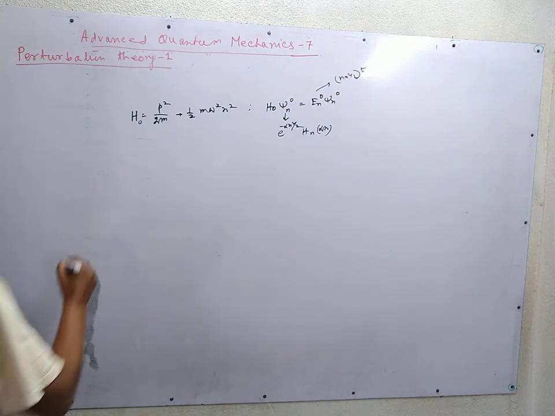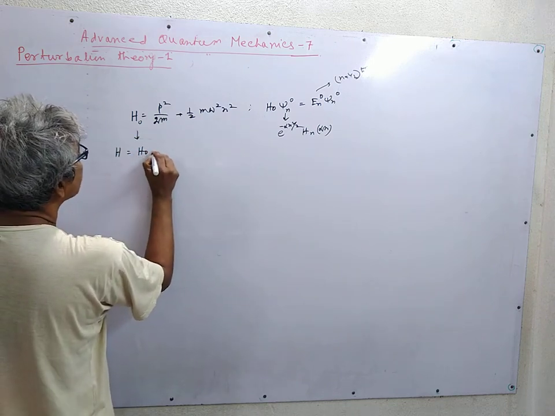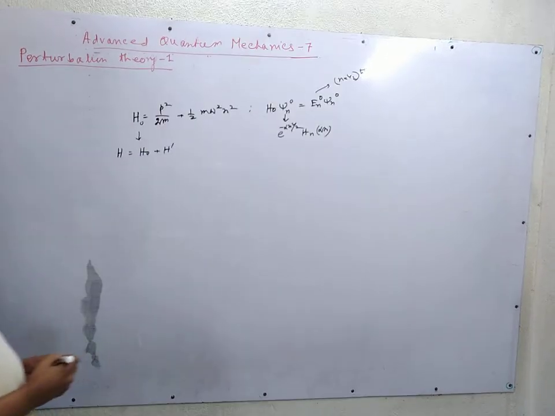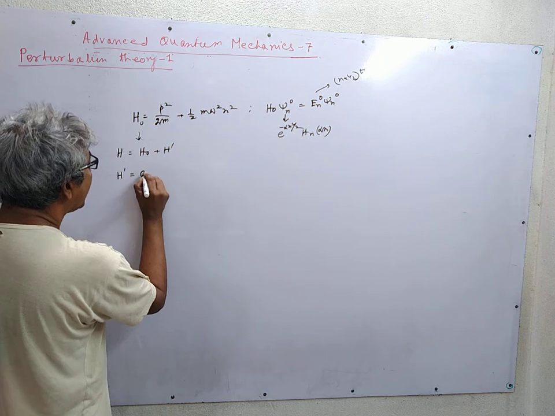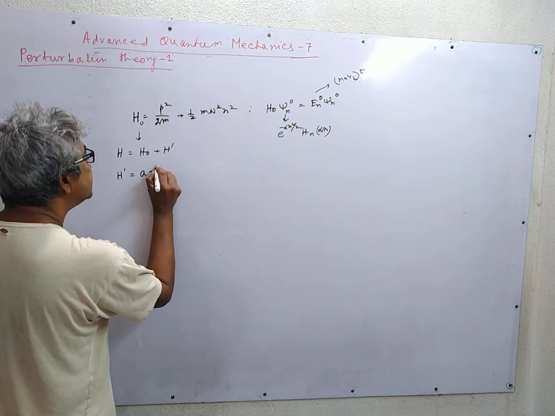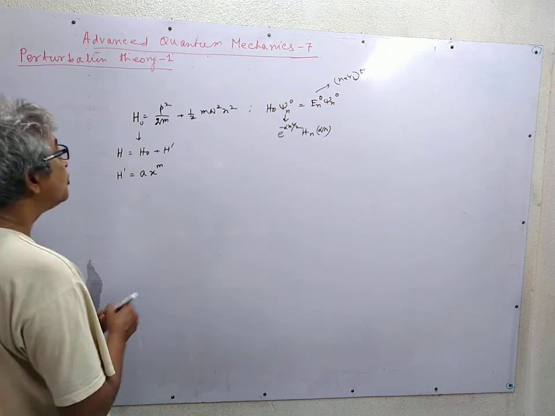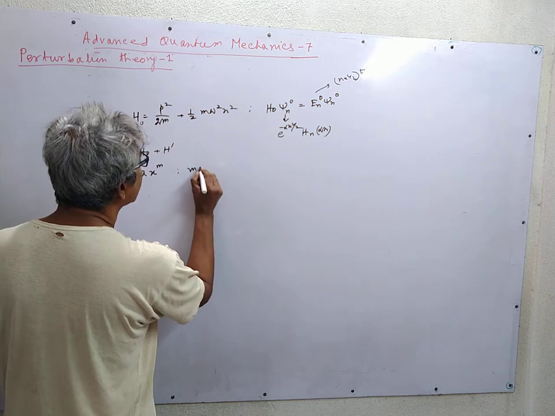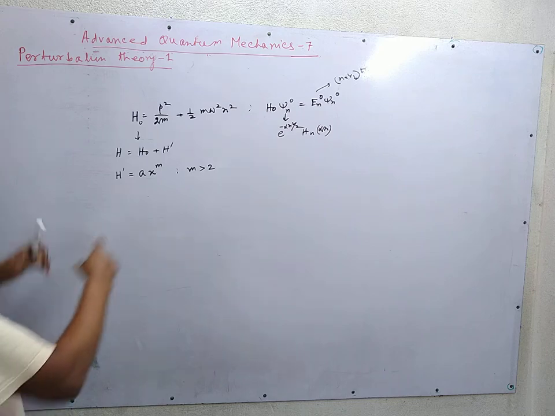Now, if we consider the Hamiltonian to change from H0 to H, where H is H0 plus some additional term H prime, as for example a constant a times x to the power m, where m could be 1, 2, 3 and anything else. But if m is greater than 2, then the problem is no more exactly solvable.